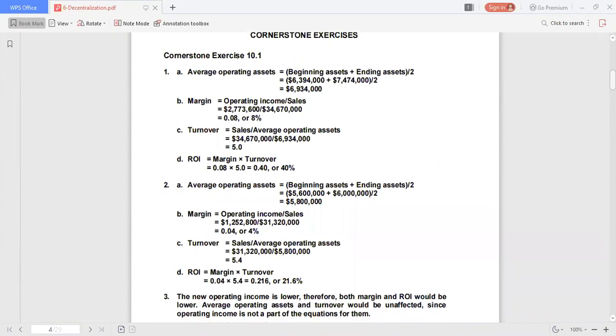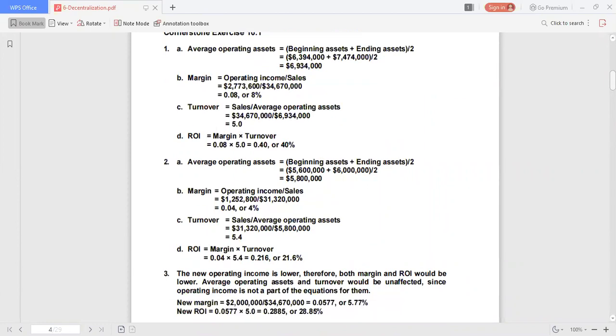Okay, so the problem now involves calculation of average operating assets, margin, turnover, and return on investment. The company provided the following information for two of its divisions for last year.